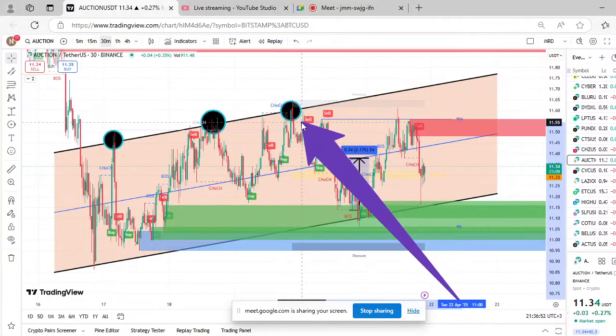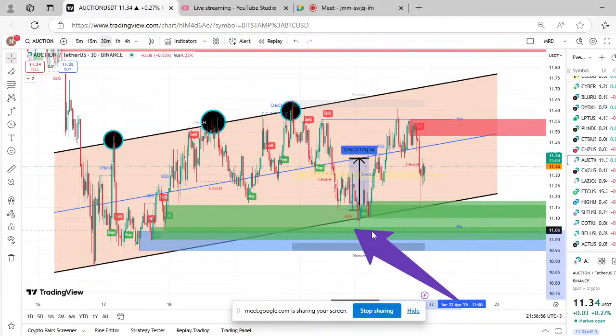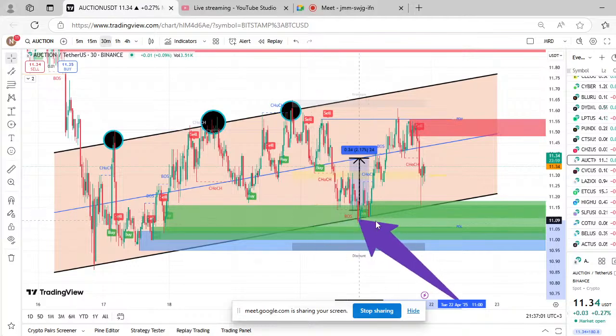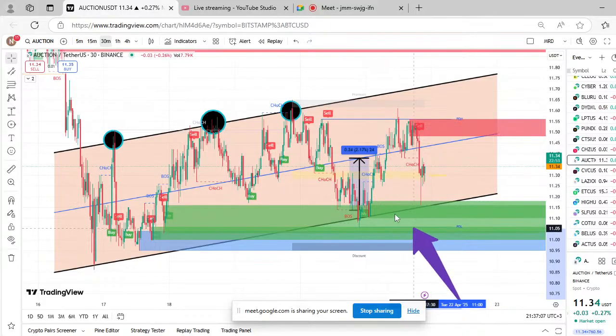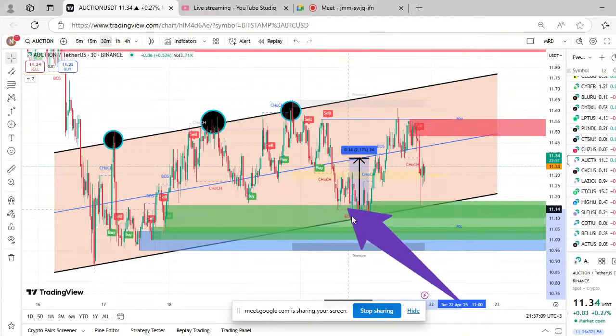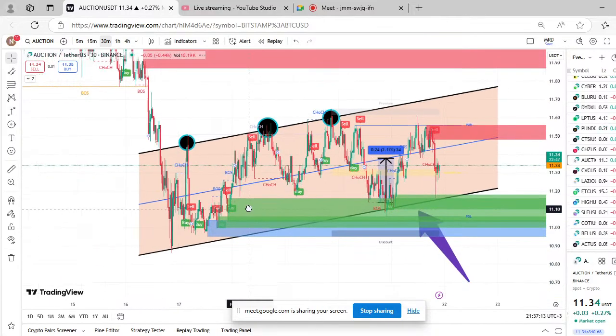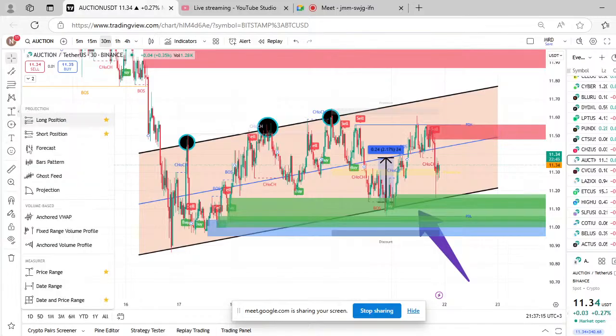Therefore, let us sell. Now look at this. Who is telling the market after touching this black line, which is the support, to move up? It's you and me. Because we are placing our orders here, knowing that this market will follow the structure.